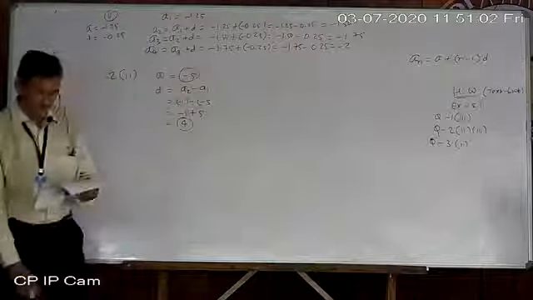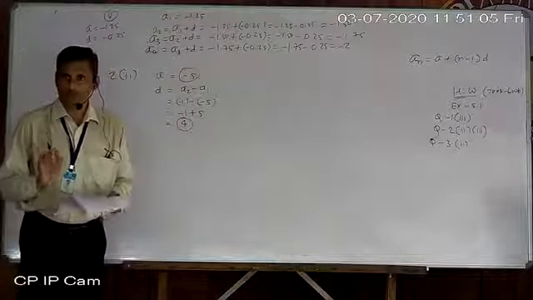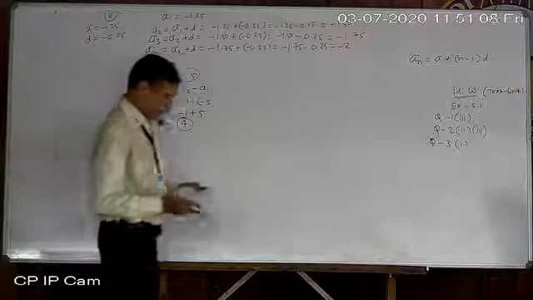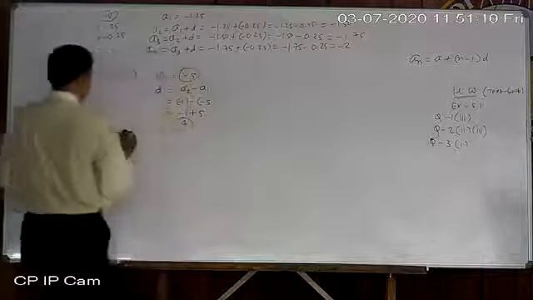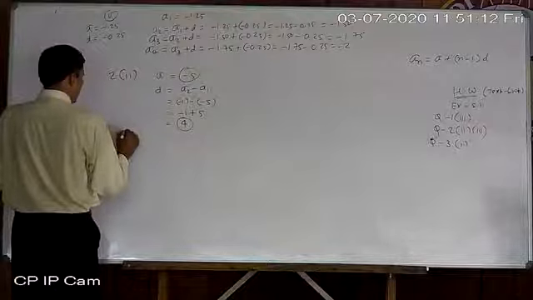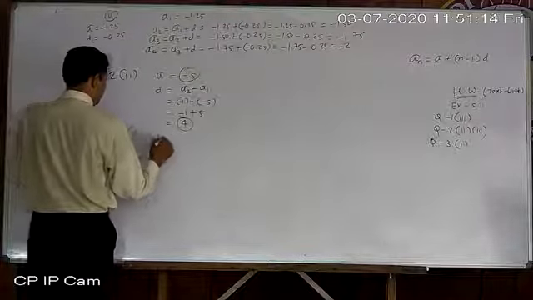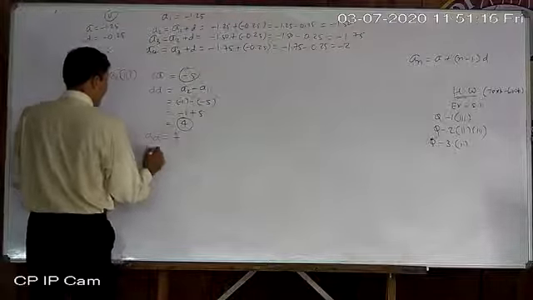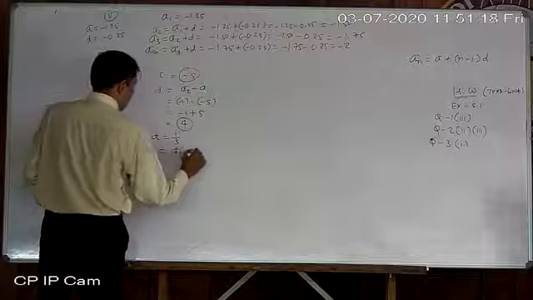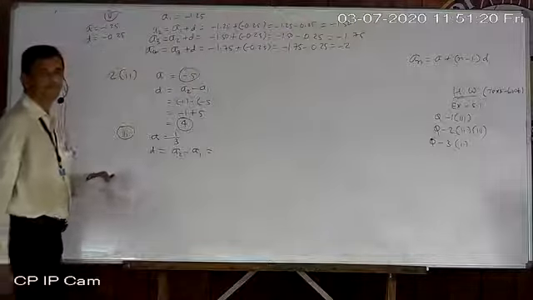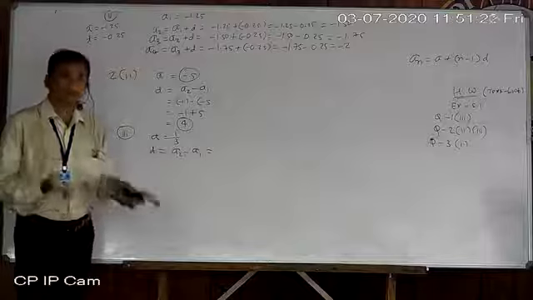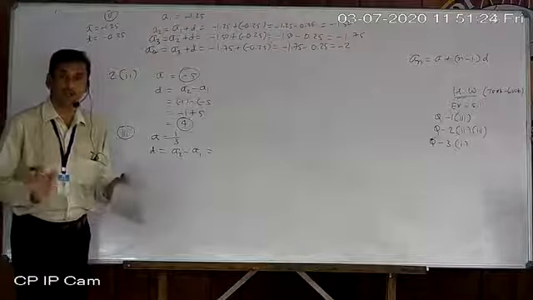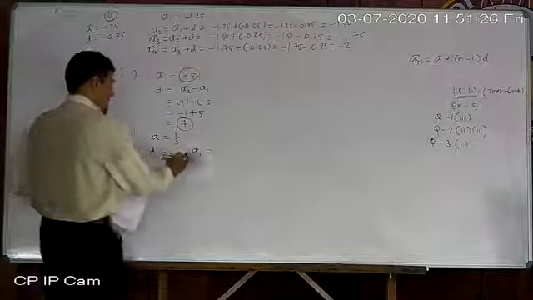So that is our answer: A is minus 5 and D is 4. Now number 3. A is visible there only, 1 by 3. For D, again A2 minus A1. Suppose I cannot find D directly, so I always find it this way.